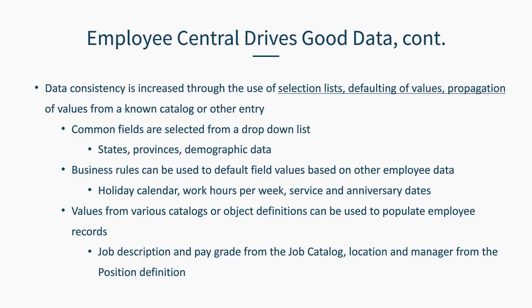We also have the ability to have drop-down lists throughout the system. So areas where you know you have a set list of expected results or expected values for a data field, instead of having someone type them in manually, you can give them a drop-down list. And that means that there will be consistency for those field values across the organization. And when you pull a report and you look at data in one location versus another, those values are going to be the same.